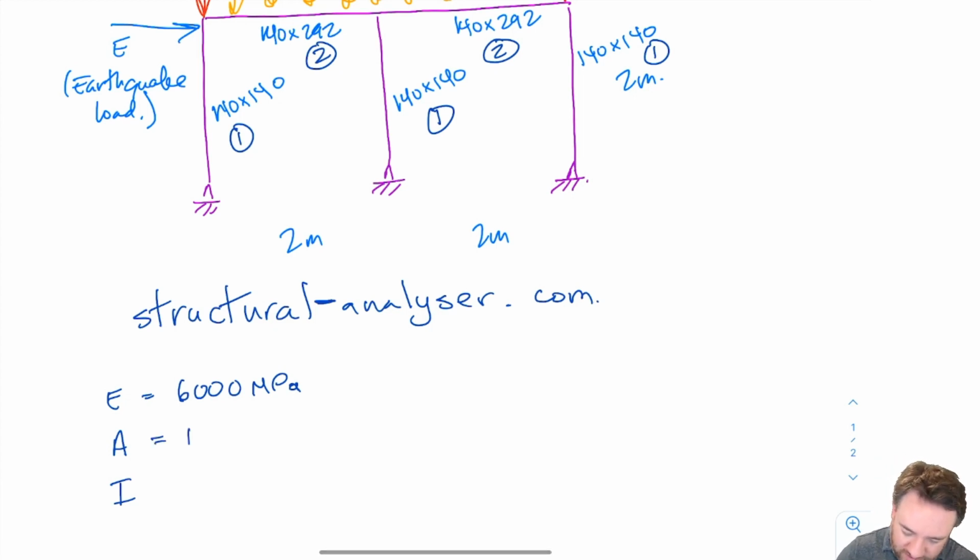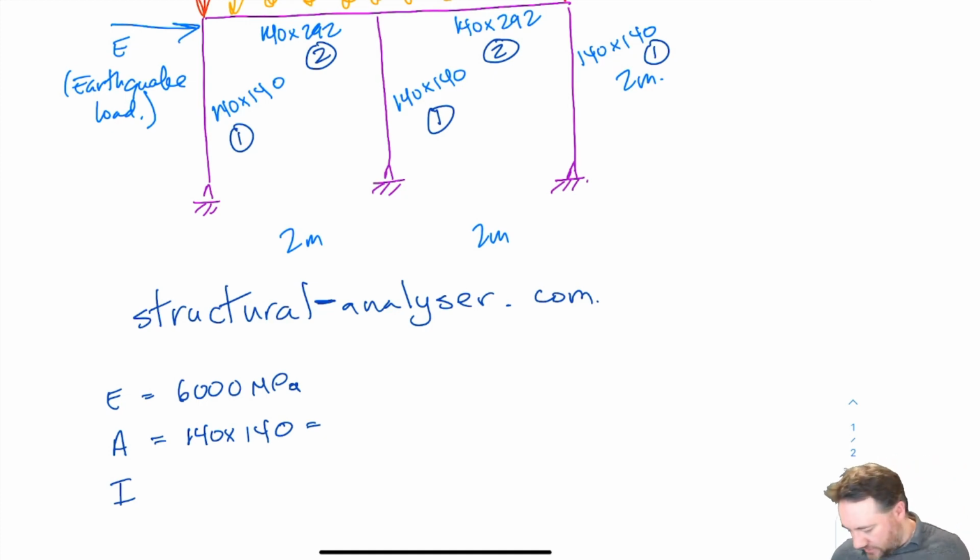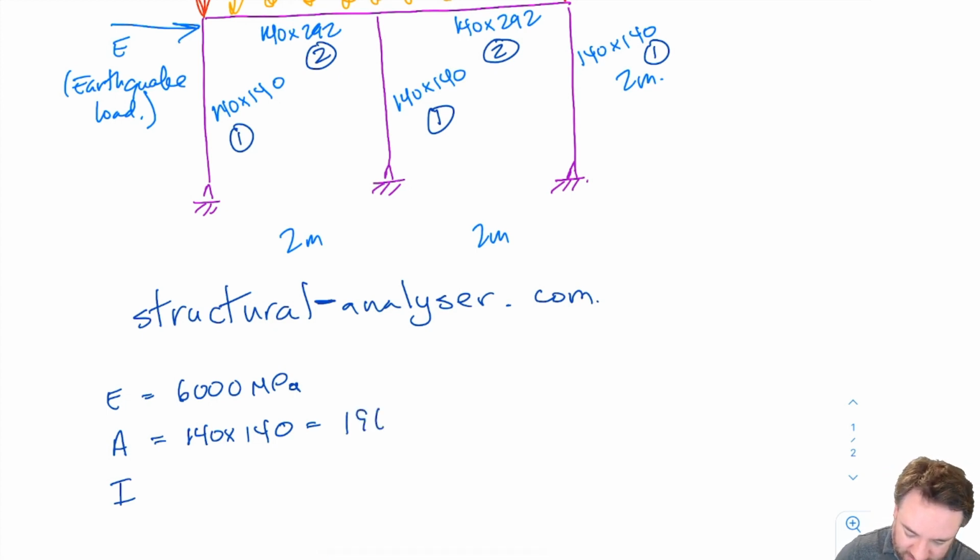Okay, so for 1, this is going to be 140 times 140 millimeters. Those numbers that I put up there are just some assumed sizes. I'm assuming that these are wood sections. So I am going to calculate that. A is going to be 19,600 millimeters squared.